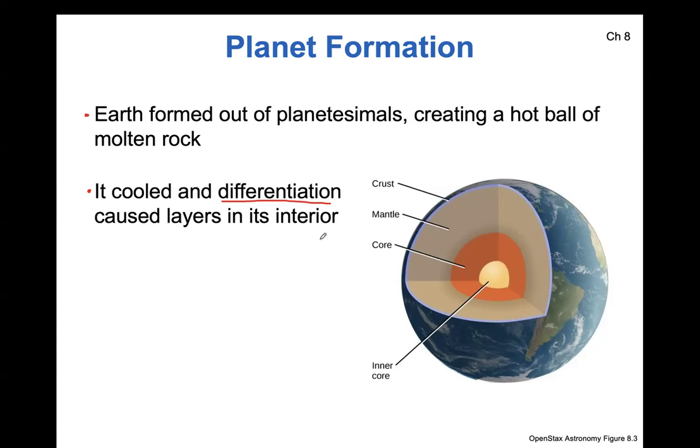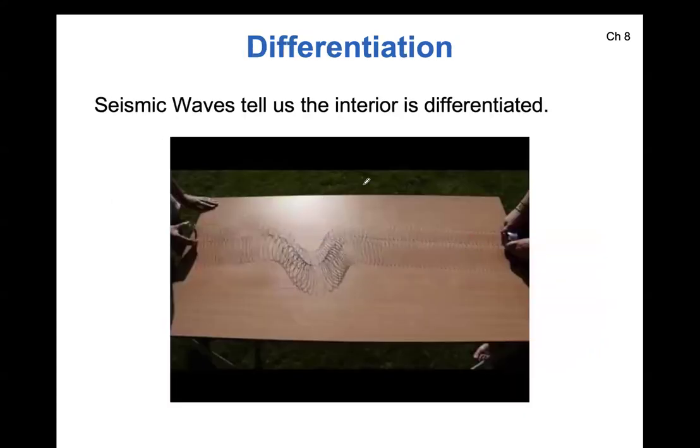You can't get one without the other, at least not to a good approximation. So that's the idea, because you have to be big enough to be completely molten, and that means you're big enough for gravity to create the spherical shape.